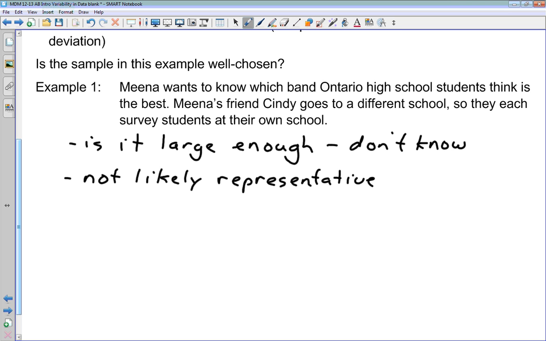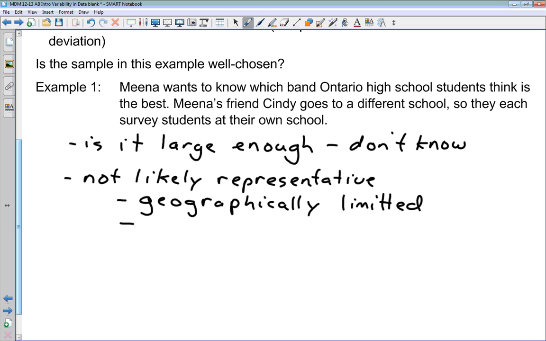And why not? All of these things that we've said. Geographically limited. Kale said that these 2 were friends, so he related that to the fact that it's geographically limited. I'm going to say similar backgrounds.